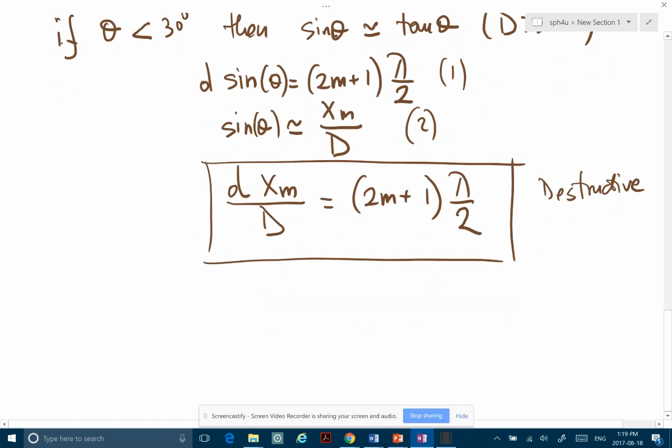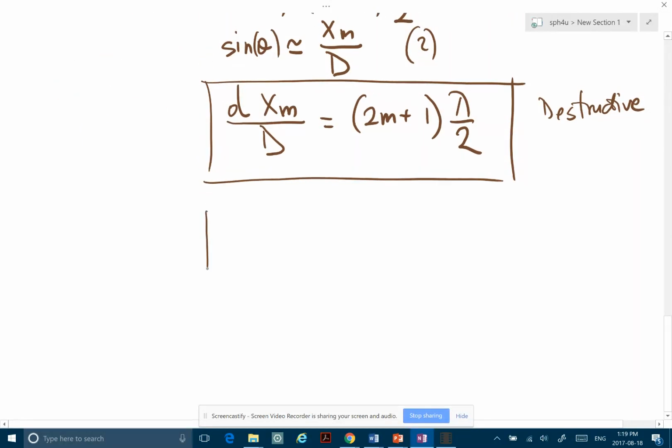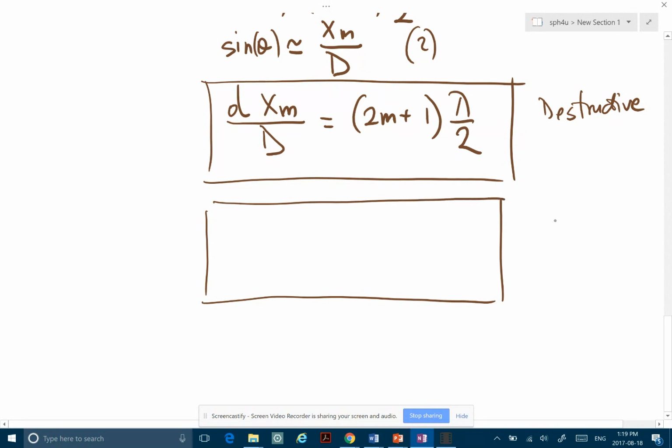And we don't have to do the same math again, but for constructive interference, remember, the condition for constructive interference was that the difference in path should be some multiples of lambda. All right, let's recall that and have that in mind.